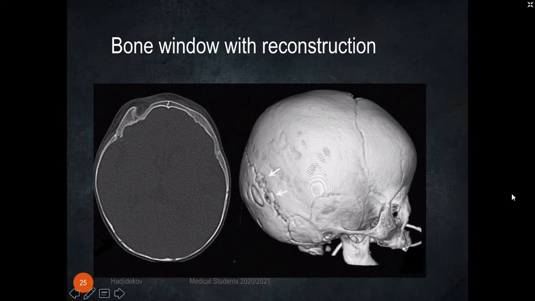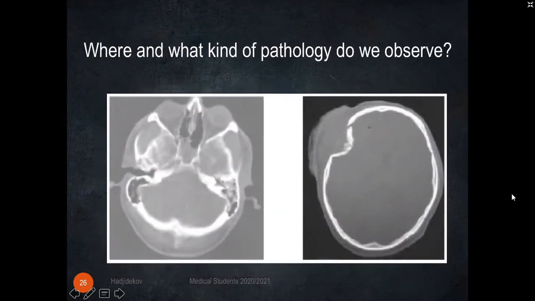Those are the normal sutures. This is the occipital suture, and they are normal. But if we have a fracture, what is the type of pathology that we observe here?